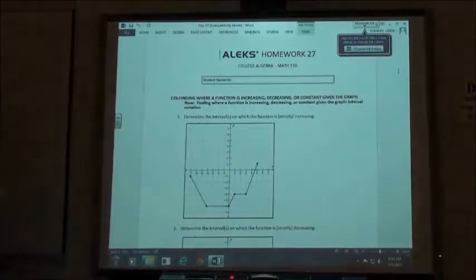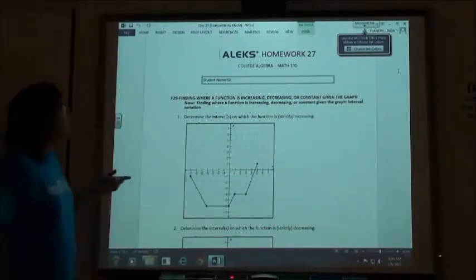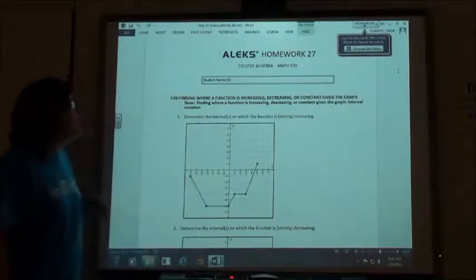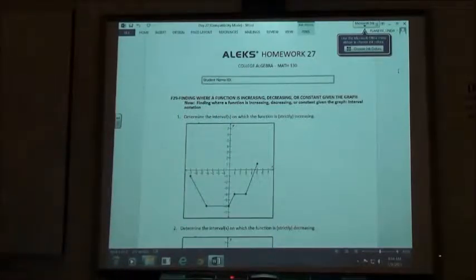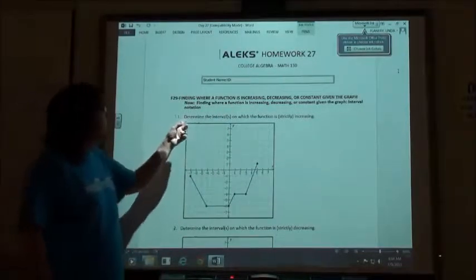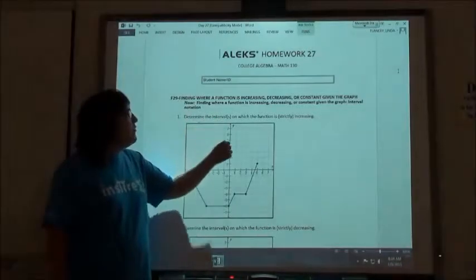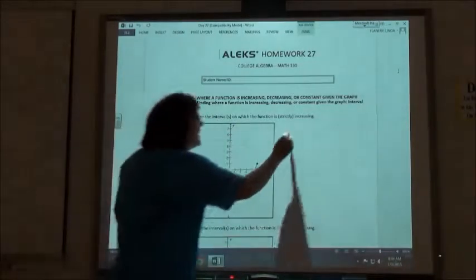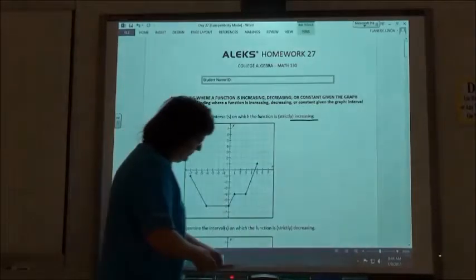So homework 27 starts off with looking at your function and where it might be increasing, decreasing, or constant given the graph. On this one, it says determine the interval or intervals on which the function is strictly increasing.